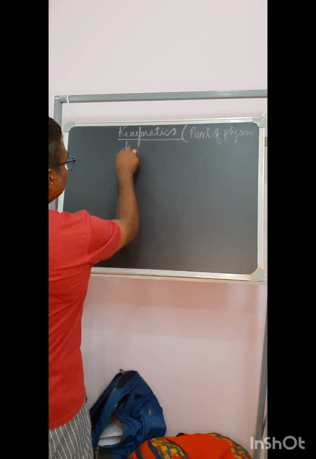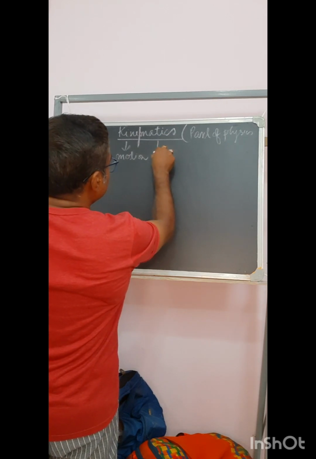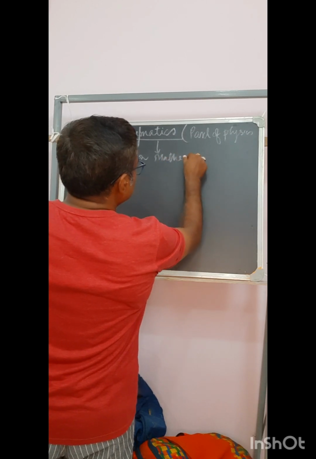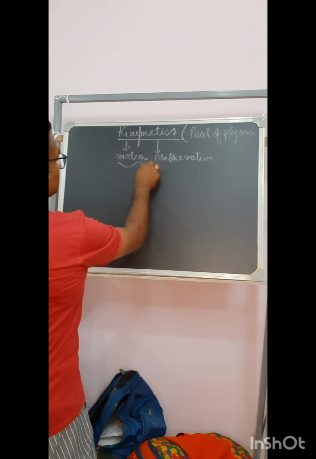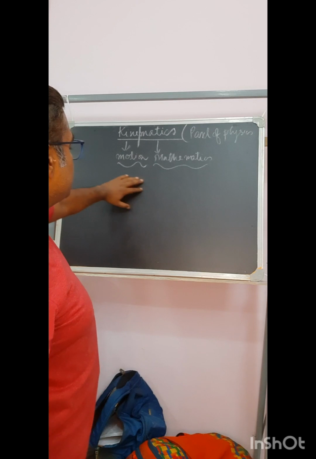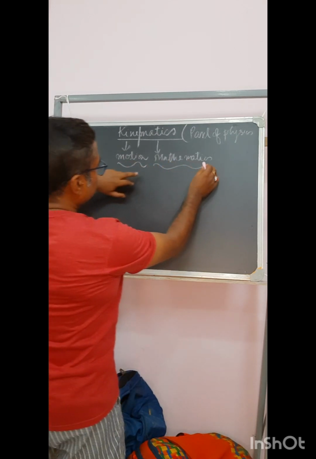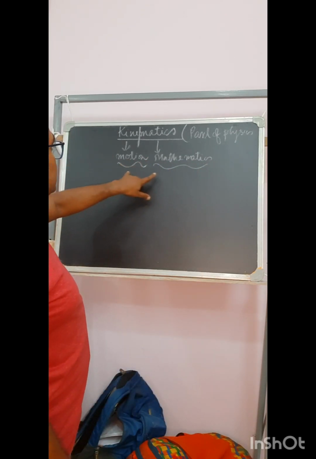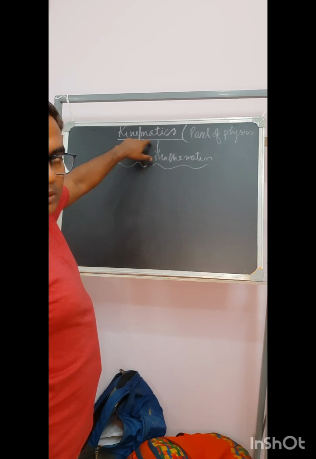Kine means motion and matics is related to mathematics. If I combine these two words together, the meaning is that the mathematics of the motion of any object is taught or understood in the subject of kinematics.